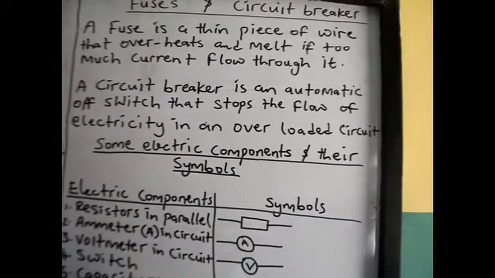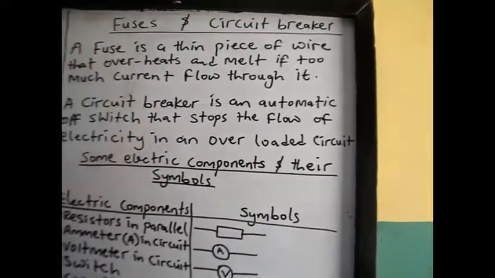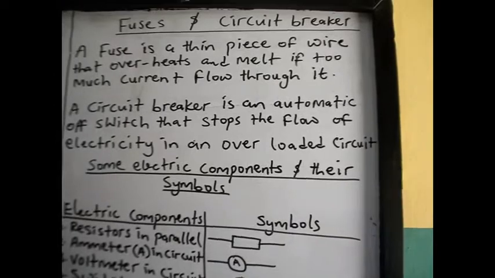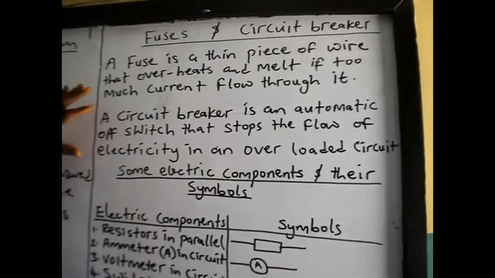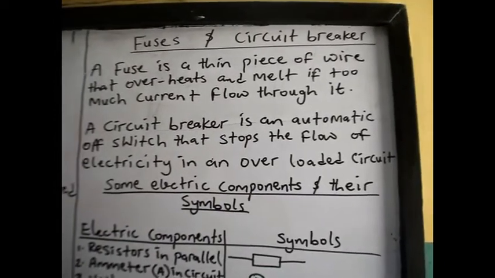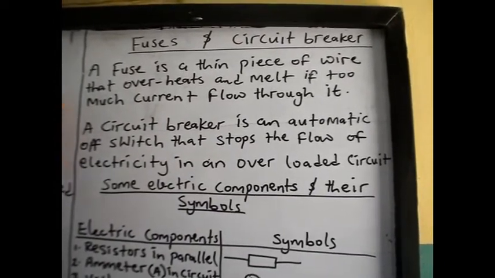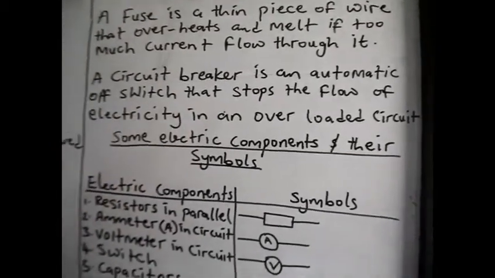It is because the house is being controlled by a circuit breaker. So when this current comes in suddenly, the circuit breaker will switch off, and that will help to prevent that excess current from damaging our appliances. So that is the major function of the circuit breaker.